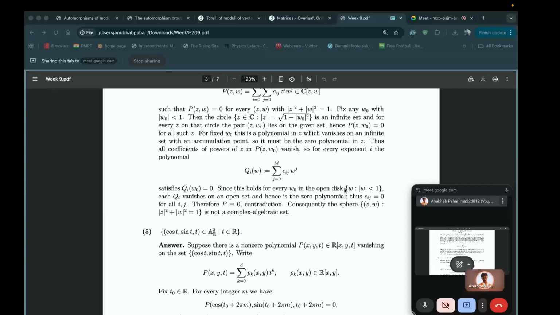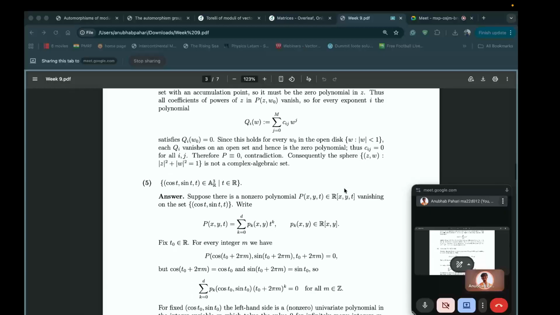Thus all coefficients of powers of z in p(z, w_0) vanish, and so for every exponent i the polynomial q_i(w) equals the summation of c_ij w to the power j and satisfies q_i(w_0) equals 0. Since this holds for every w_0 in the open disk of w such that mod w is less than 1, each q_i vanishes on an open set and hence is the zero polynomial.